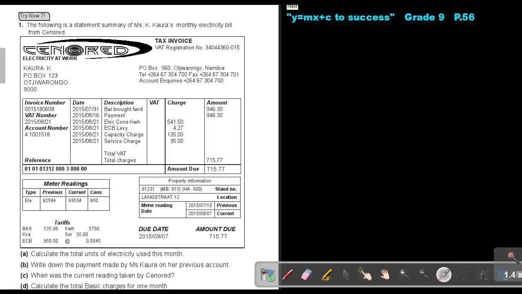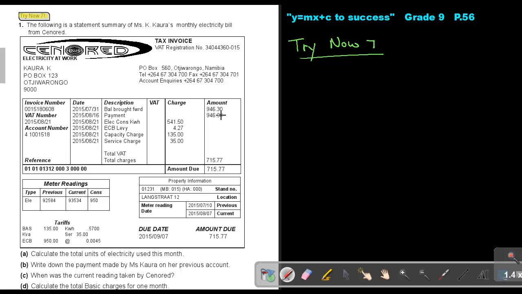Okay. This is Cenerate. This is just electricity. I want you to do this one for me, and then as soon as you are finished, you can continue. Okay, let's start. Now again, it's balance brought forward, payment.